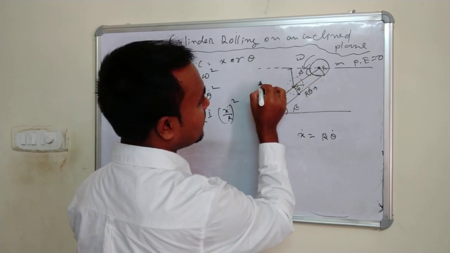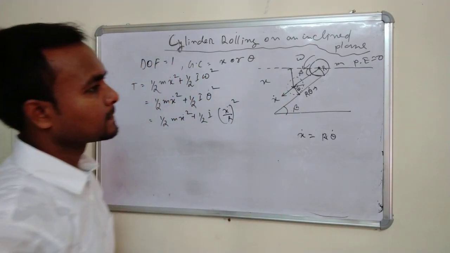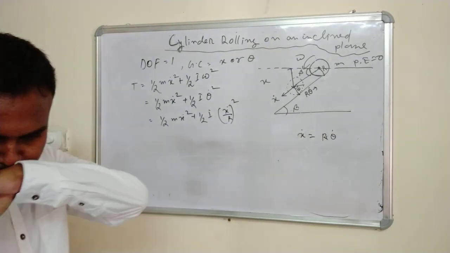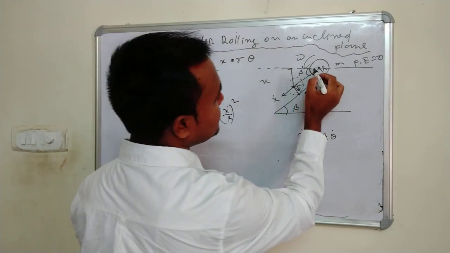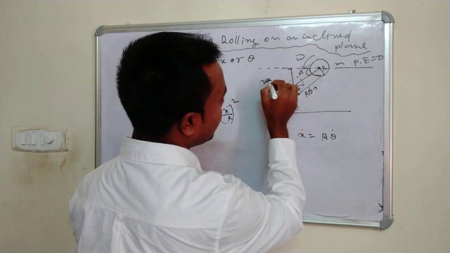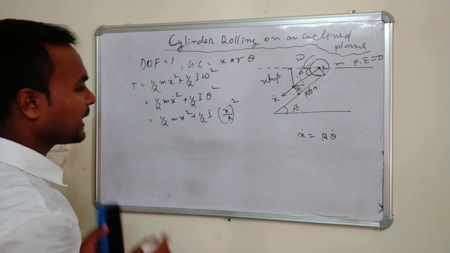So from this to this distance is x, and this is beta, so this will be the base, this will be the perpendicular, x sine beta. So from here to here the distance will be x sine beta.